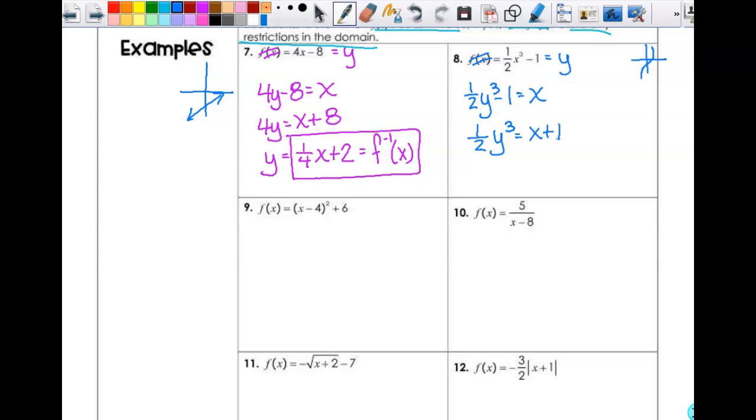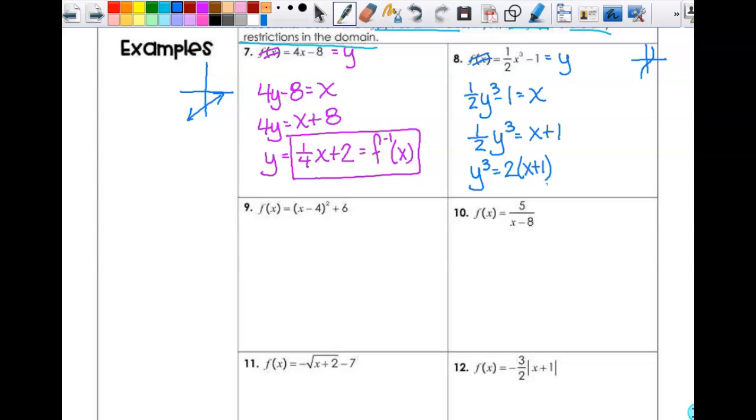Then what would I do next? I divide by 1/2, which is the same as multiplying by 2. Okay, very good. So I'm going to multiply both sides by 2, so I get y cubed equals 2 times x plus 1. And I'm just going to leave it like that. I'm still trying to get just a plain old y.